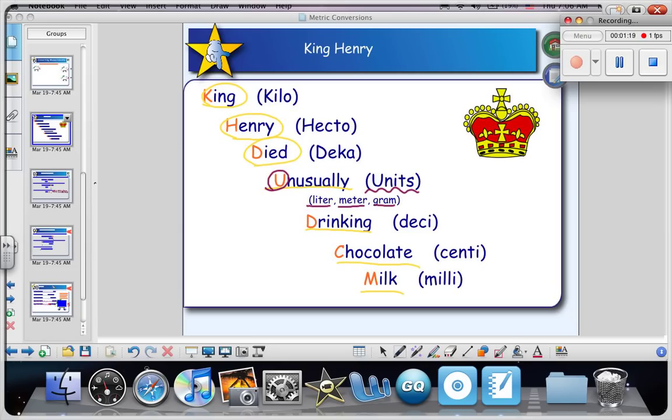So this is also, you could say, base as well. D is for deci, C is for centi, and M is for milli. You're probably familiar with centimeters, millimeters, decimeters. Okay, again, that would be the base of meters for an example.